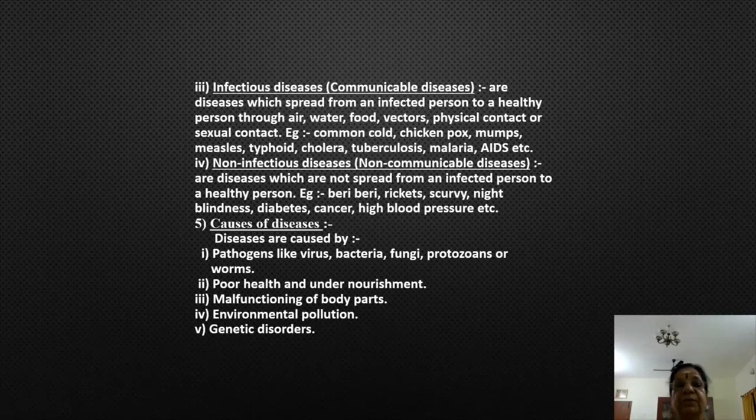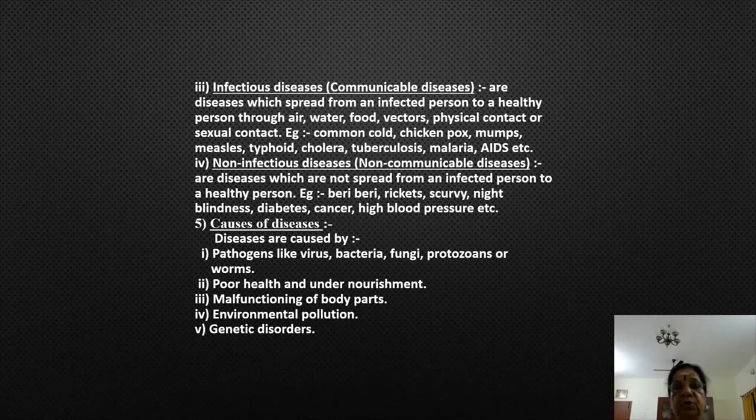Okay, so I repeat, infectious or communicable diseases are diseases which spread from an infected person to a healthy person through air, water, food, vectors, physical contact or sexual contact.